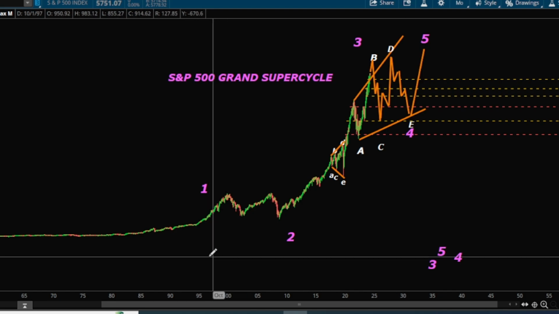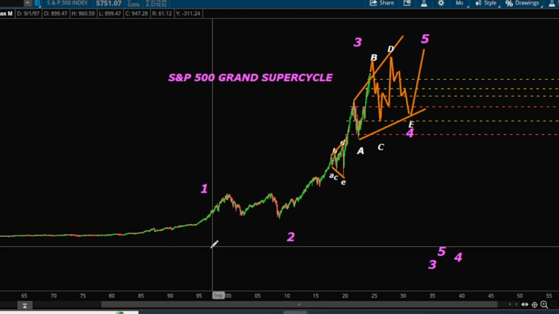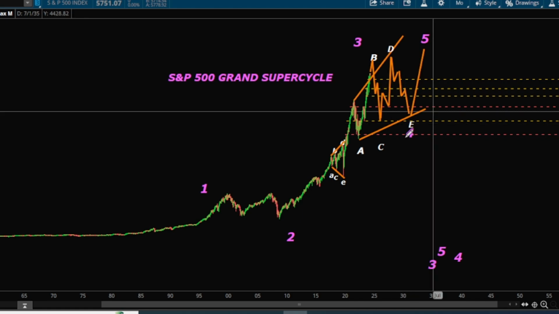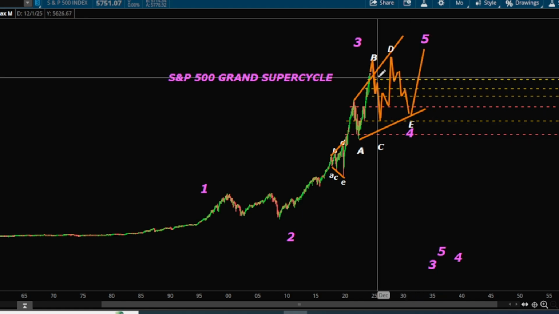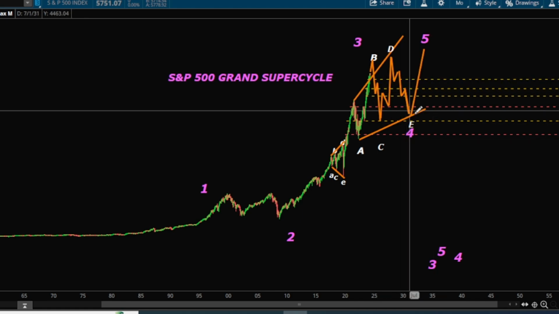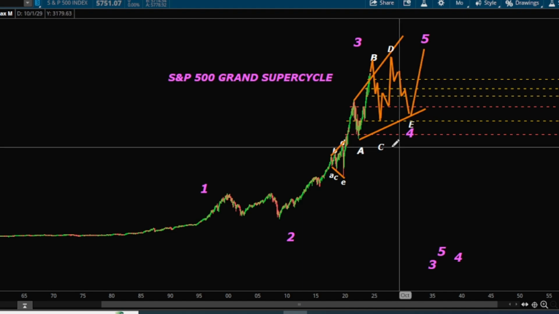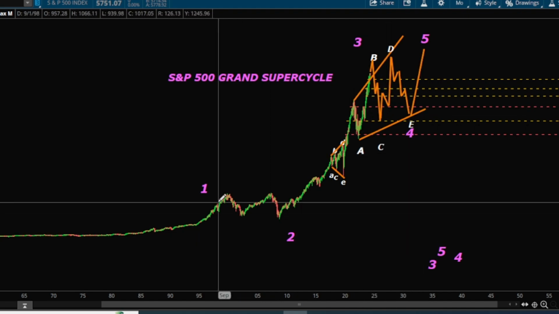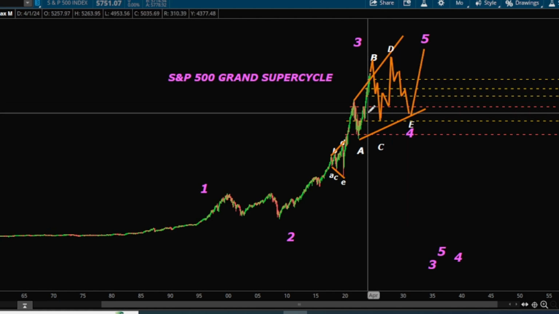There's always two counts, the main count, maybe an alternate, but when it comes to the grand supercycle, you can get it even trickier than that. So I believe that we are in a fourth wave. Inside corrections, whether it be inside a fourth wave correction or a second wave correction, a lot of the internal moves are in threes most of the time.